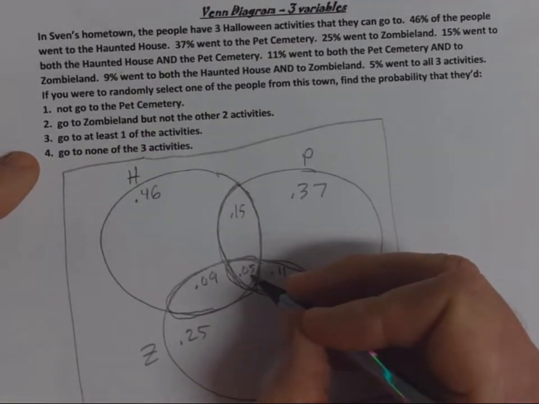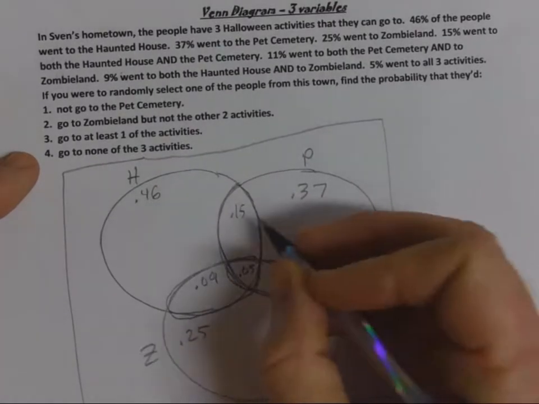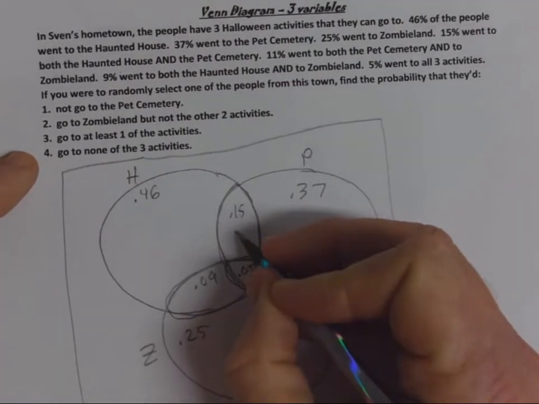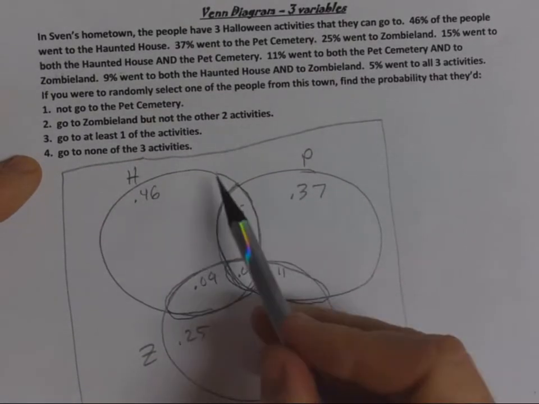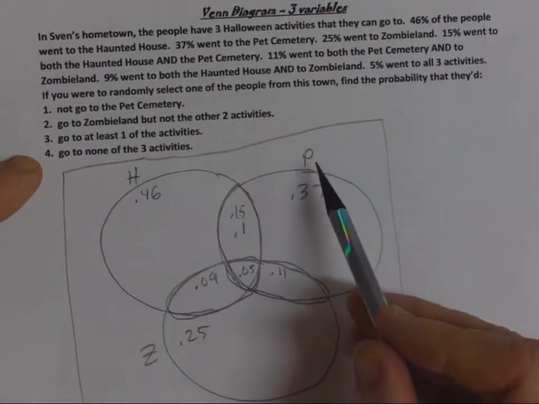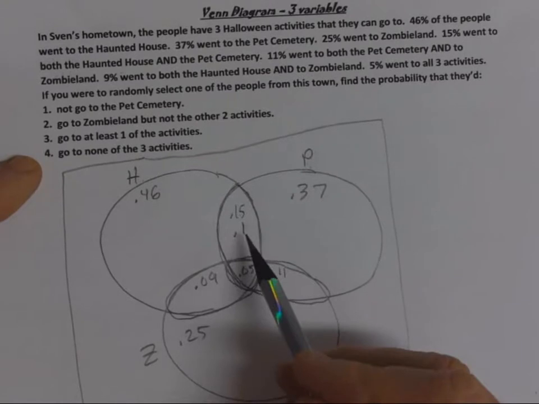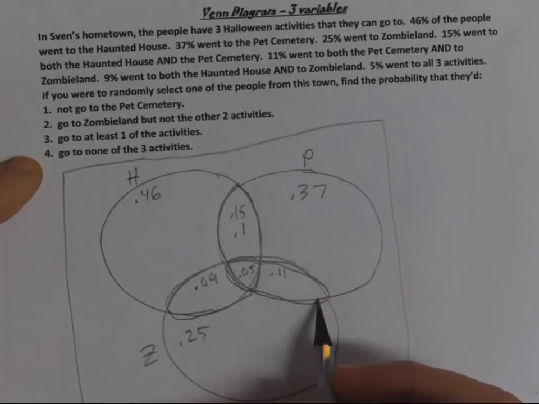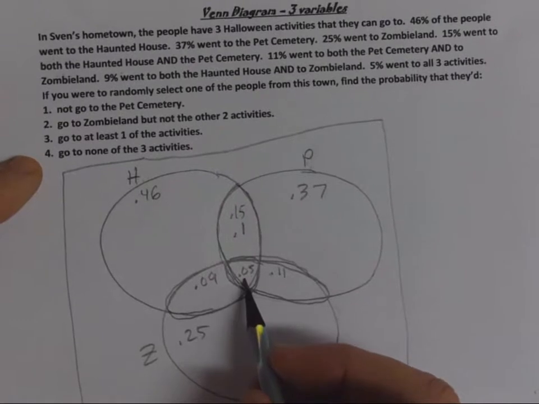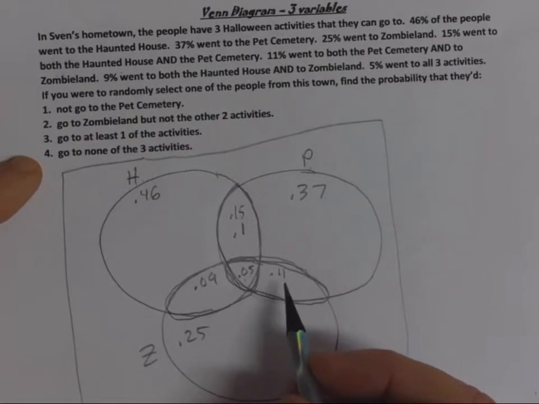5% went to all three. So if you subtract those two, 0.15 minus 0.05, that's 0.1 or 10%. So 10% of people went to the haunted house and to the pet cemetery, but they did not go to Zombieland. Then if you look at this football-shaped region, it's 11% of people. 5% is there, so 6% has got to be there.